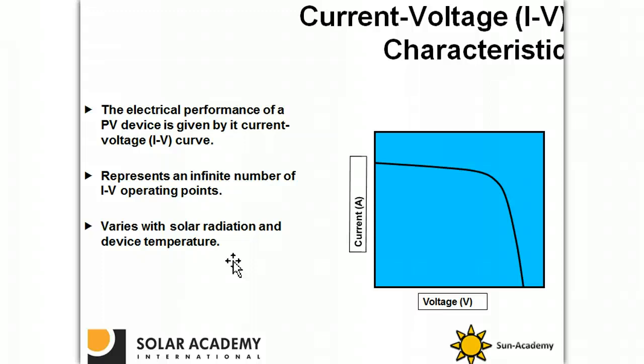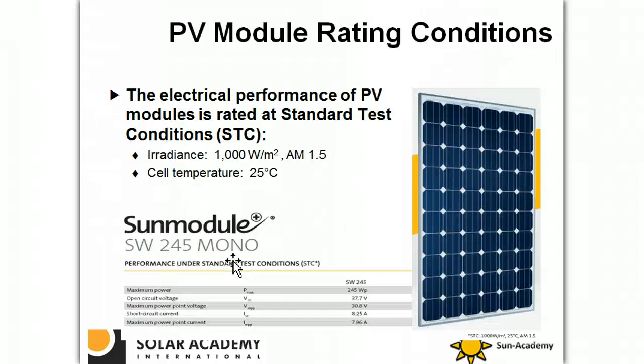The current voltage or IV characteristic, commonly known as the IV curve, is the basic description of a photovoltaic cell, module, or array electrical performance. Every solar panel has an IV curve that needs to be understood to best utilize its characteristics.